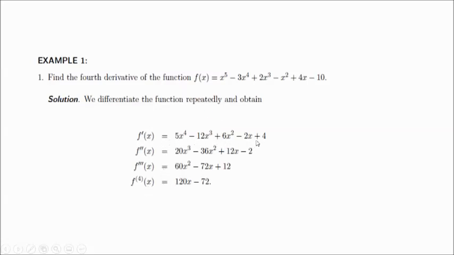First derivative, class, so power rule, 5x to the fourth minus 12x cubed plus 6x squared minus 2x plus 4. Constant, the derivative of a constant is 0.